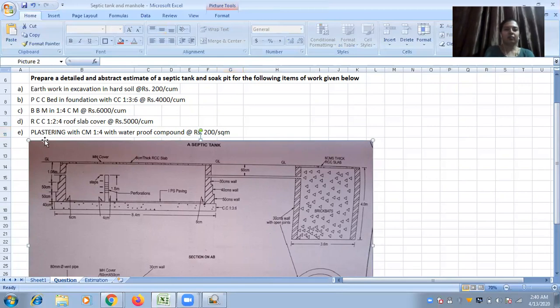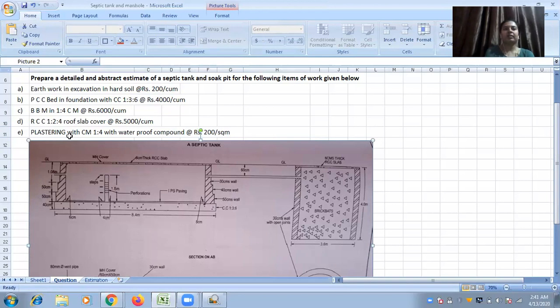And another thing for the plastering work is, for any kind of work which is constructed below the ground level, no outside plastering work is required because earth will be filled around the septic tank. Whatever construction is below the ground level, only inside plastering, painting, waterproofing, everything will be done.